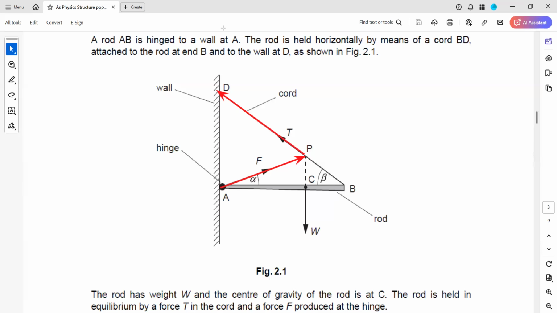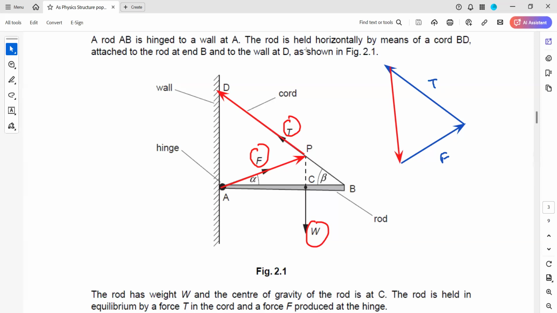Or when we make a force triangle, what are the forces acting? The force F is acting here, force T, the tension, is there, and a force W. When I complete a triangle, I should get a resultant force of zero. So first we do F, then I do T, and when I draw the W, I will reach the same starting point.